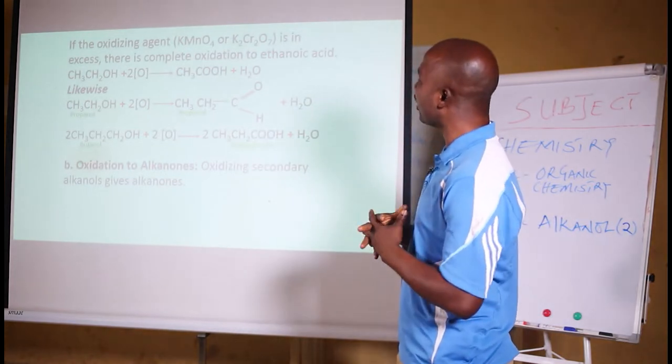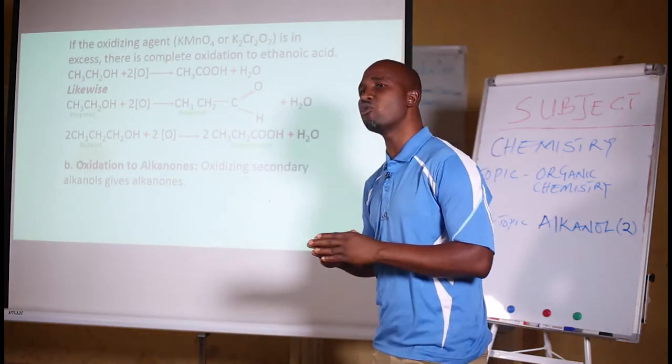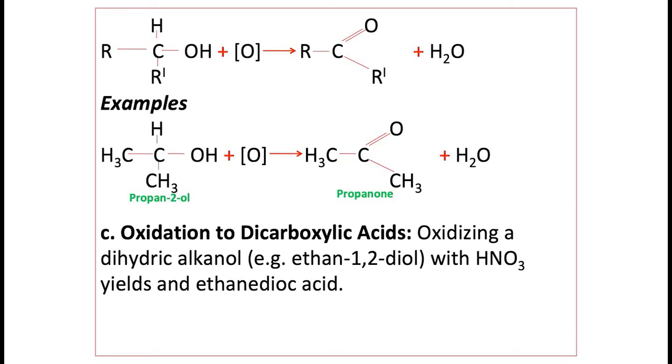Then secondary alkanols can undergo oxidation to give you alkanones. If you look at the equation, you will see the example there. Propan-2-ol, which is a secondary alkanol, can undergo oxidation to give you propanone. Formerly the alkanones were known as ketones. So we have the aldehyde, which is the alkanal, and the ketones, which are the alkanones, plus water.